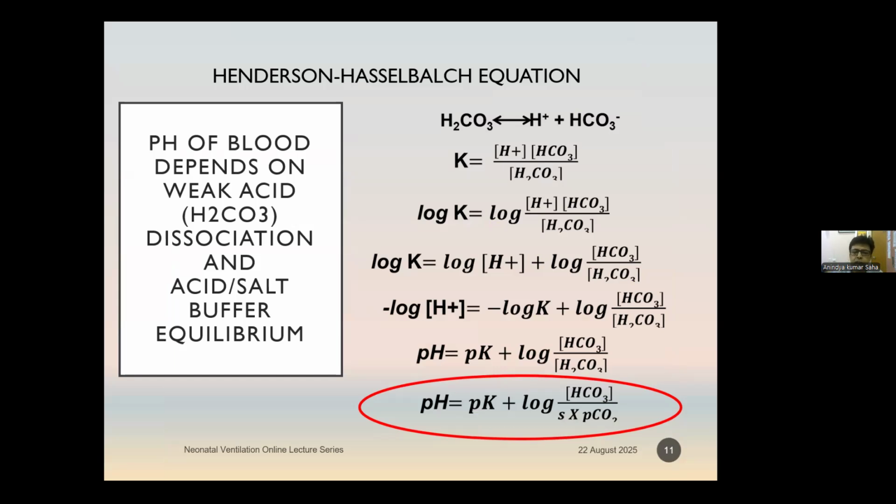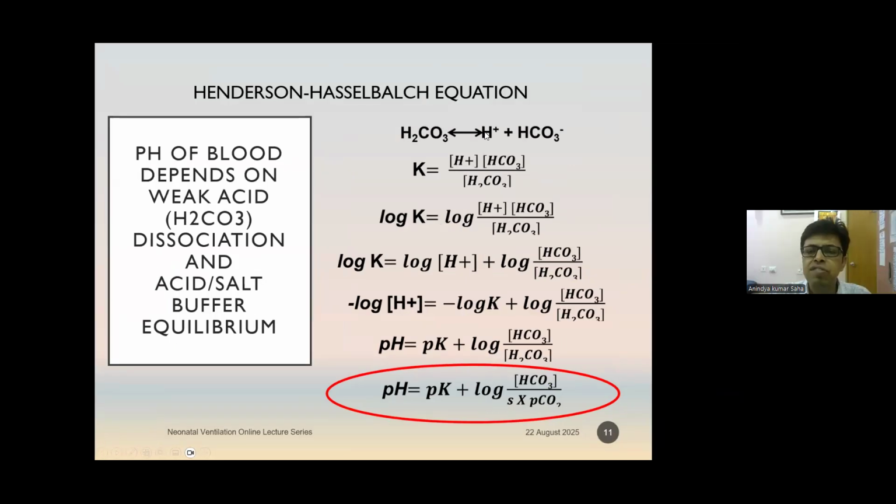So here is the calculation of how H2CO3 is dissociated into H plus and HCO3 minus, which depends on the dissociation constant known as K. So K is equal to H plus ion times HCO3 minus divided by carbonic acid concentration. If we take the log of K, the equation will be log K is equal to log H plus plus log of this ratio.